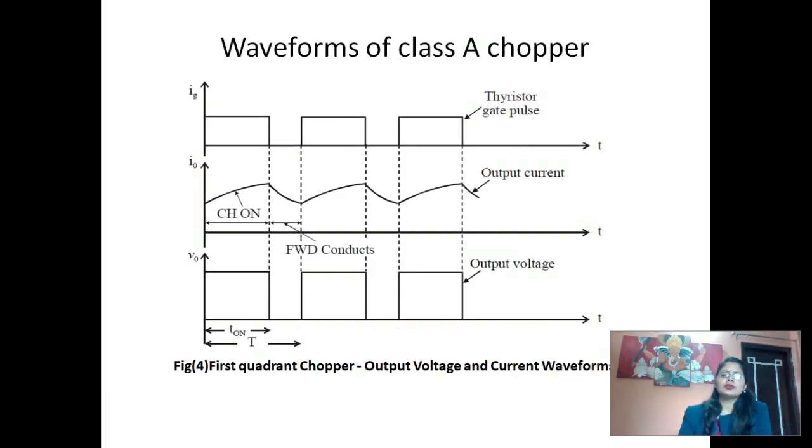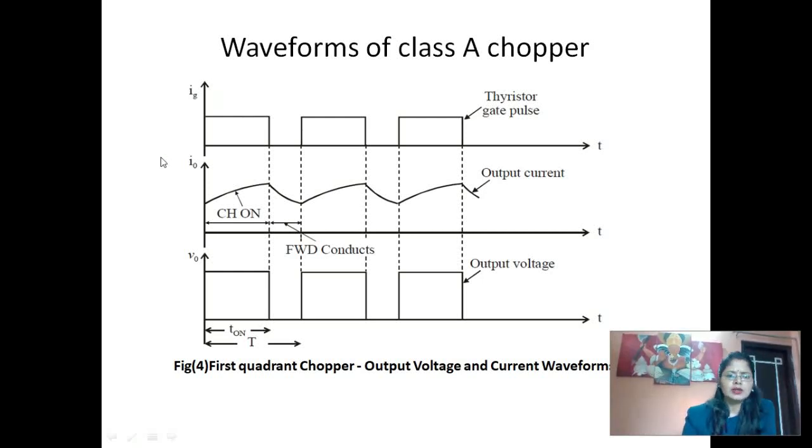Okay, so these are the waveforms of a class A chopper. Here this is IG, that is the gate current. This gate current is required if we use SCR as a chopper. So when we apply gate current on the SCR, the chopper starts working.